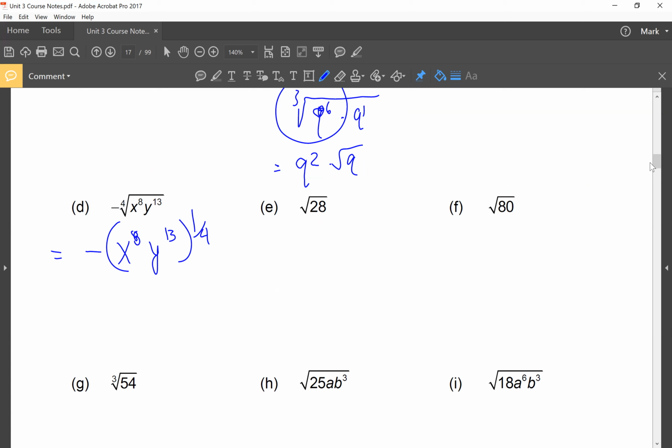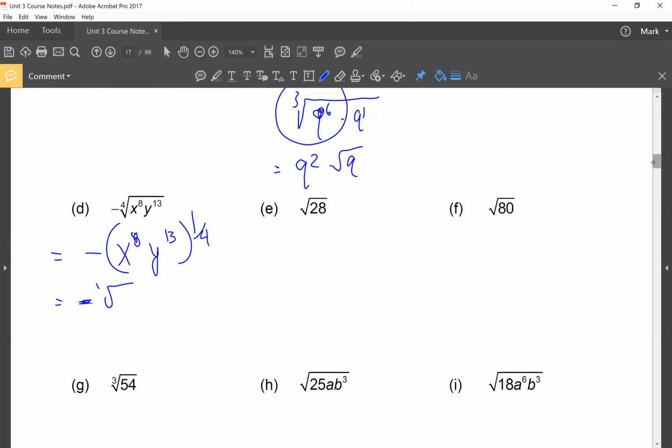So what I'm going to do is rewrite this as negative, the negative stays, the quarter root of x to the 8 times the quarter root of y to the 13.